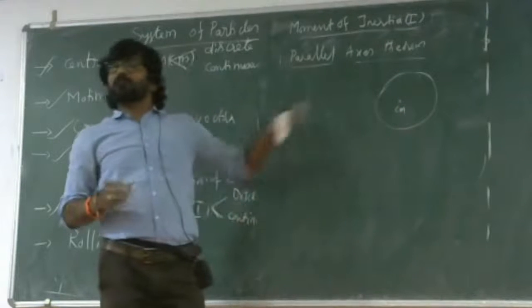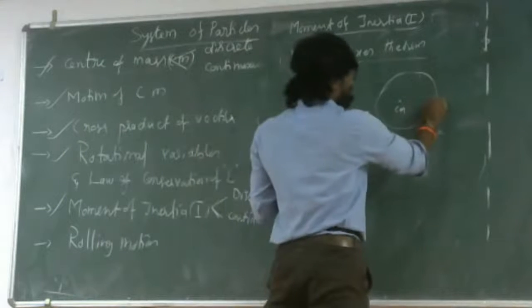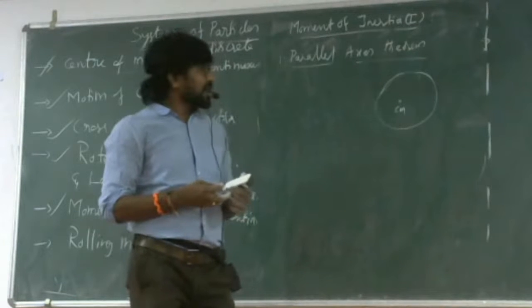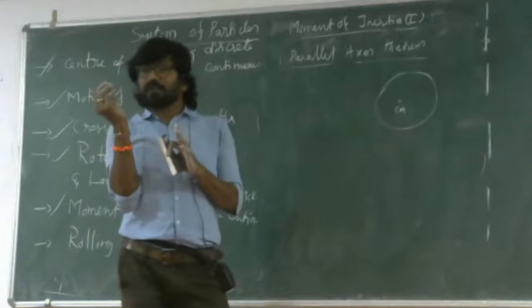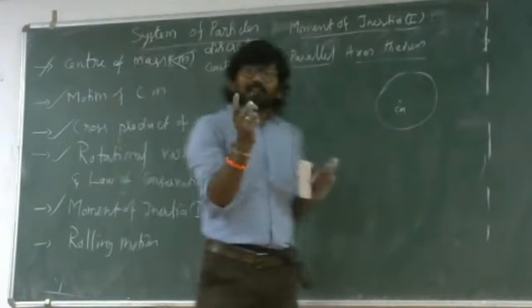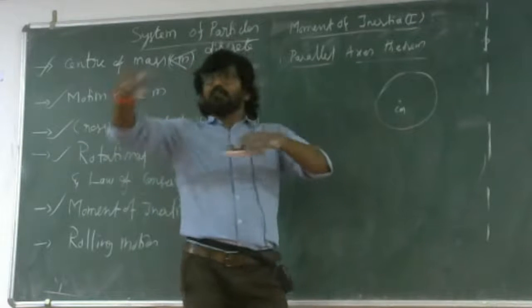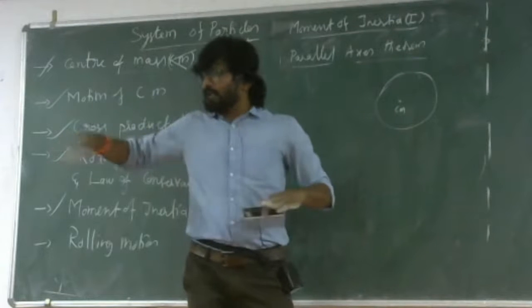If you want the moment of inertia of this body about an axis passing through here, you have to be careful about the terminology. If the axis is touching the diameter, not passing through the diameter, if you have a circle, if the axis is passing through the diameter, it will be lying in the plane along the diameter, any diameter.